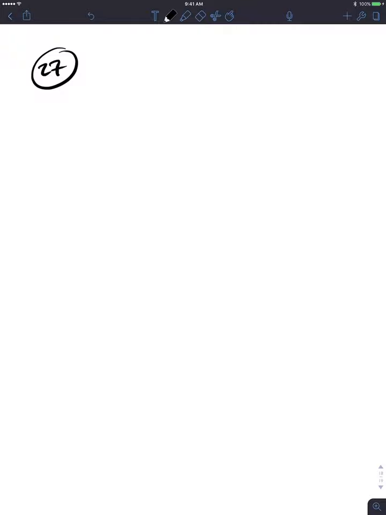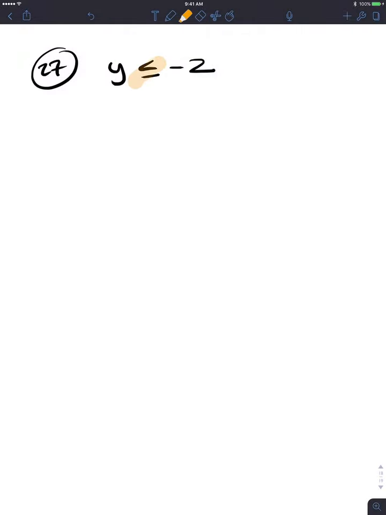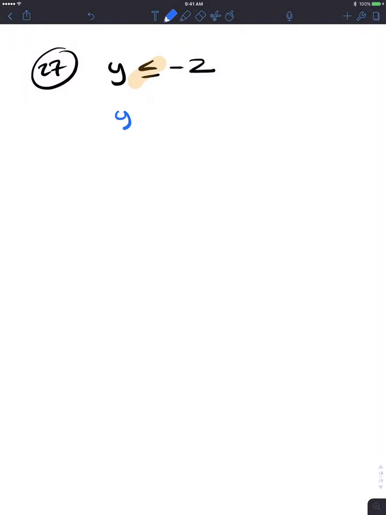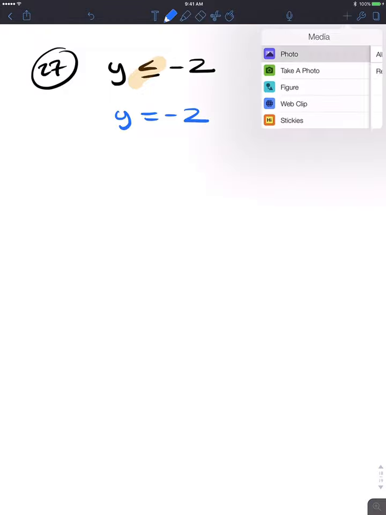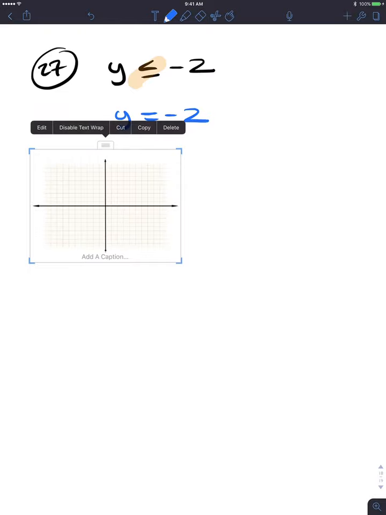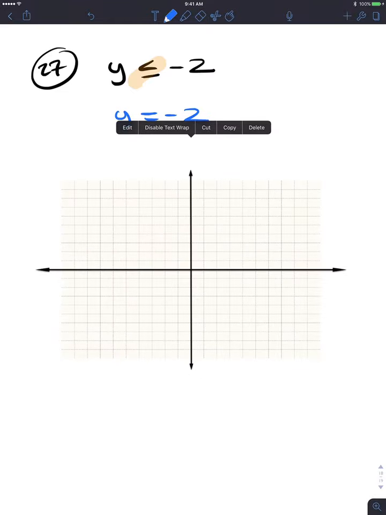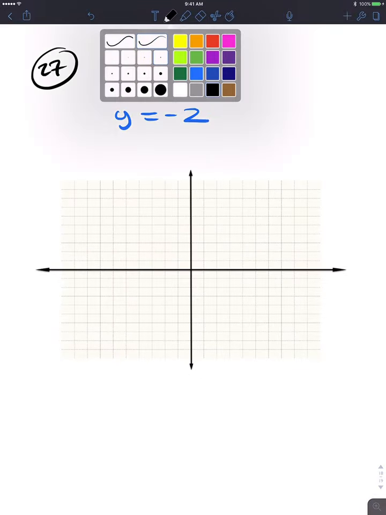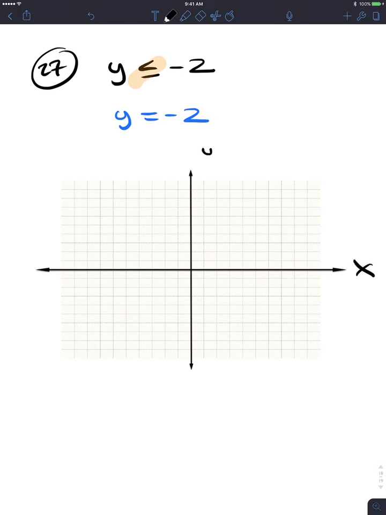Y less than or equal to -2. Again, a solid line. We have to first start by graphing the equality again of y equals -2. X coordinate, y coordinate.